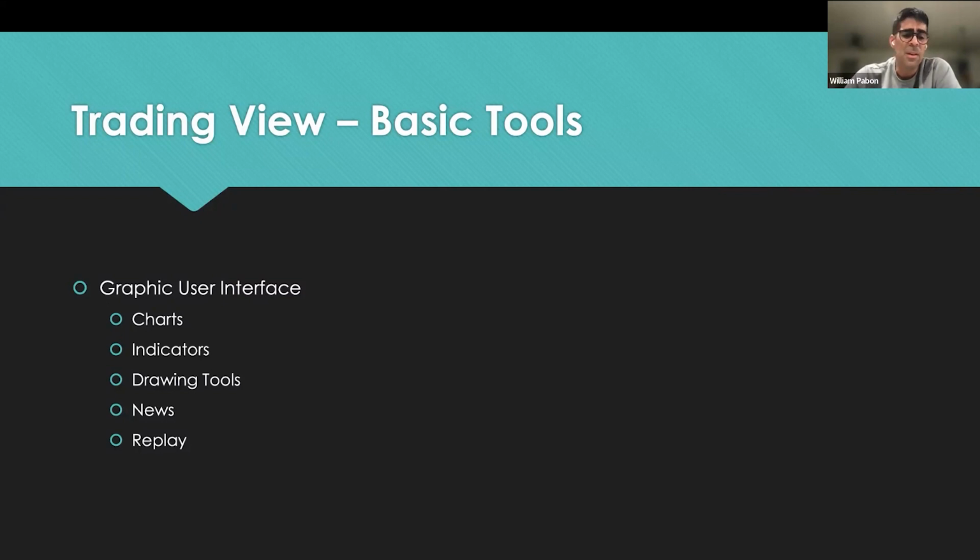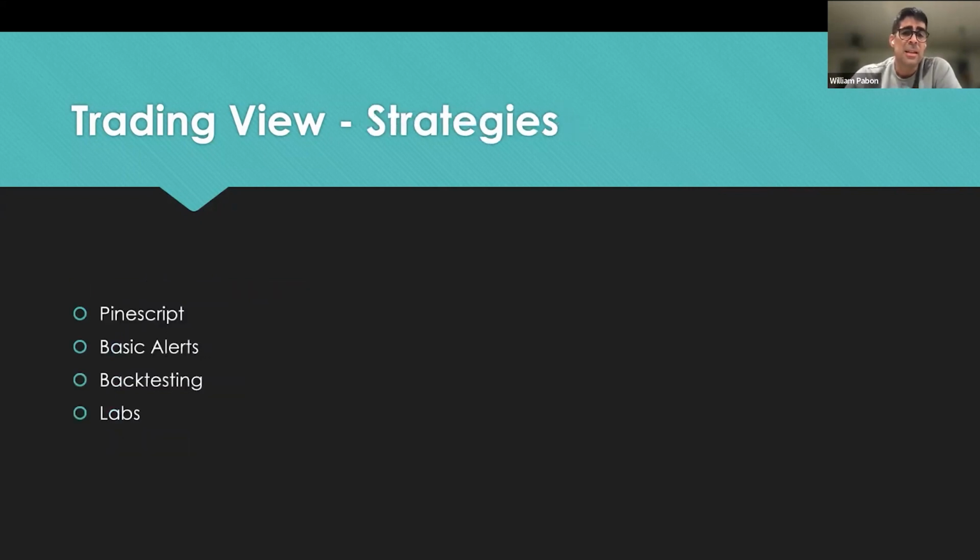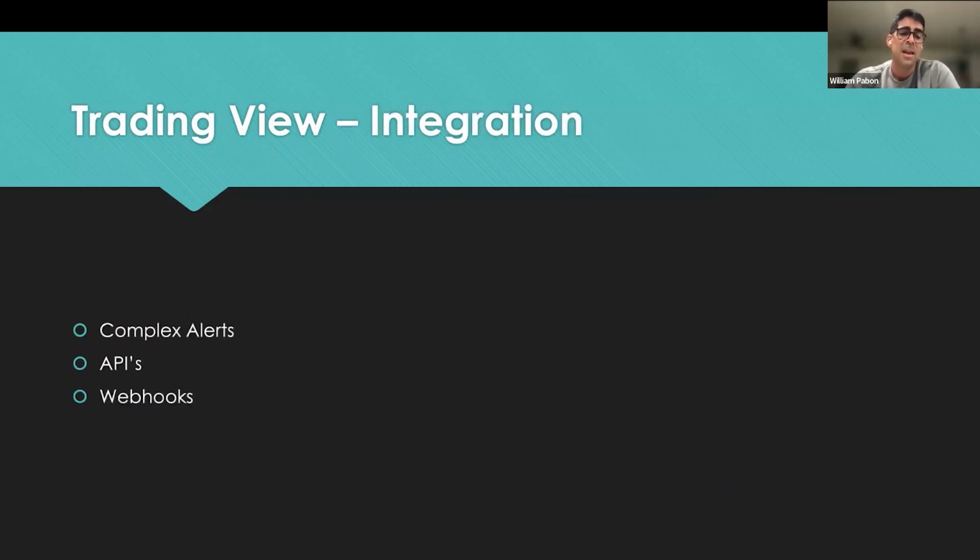The class on strategies will cover the time speed, basic alerts, backtesting, labs. So I'm just giving you tips on the next classes. And in the integration class, we're going to talk about complex alerts, the APIs. API stands for Application Programming Interface, so a new concept for a lot of you guys.